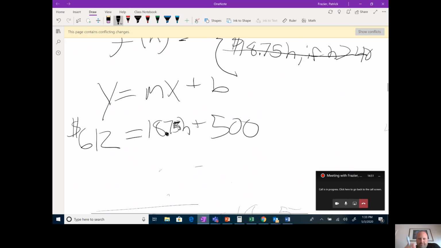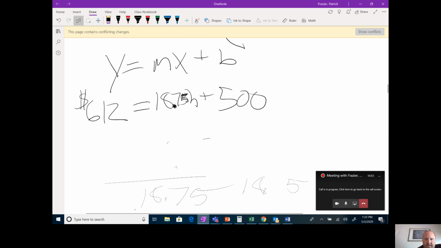So now when we do that, we're going to subtract 500 on both sides. So 612 minus 500, that's pretty easy, right? That's just $112. Oh, and 50 cents, by the way.